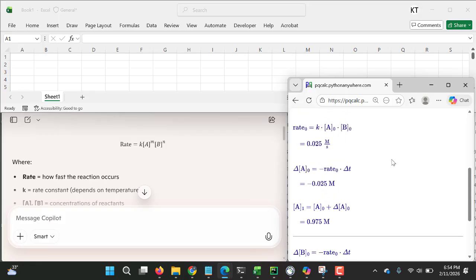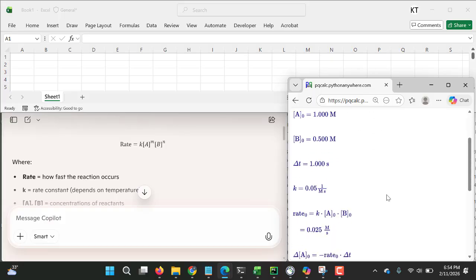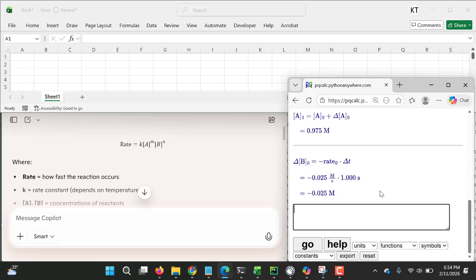Not surprising, because they're in a one-to-one relationship. So if one changes that much, the other one has to change by the same amount. Right? That's what, or the same concentration in this case. That's what the coefficients tell you.